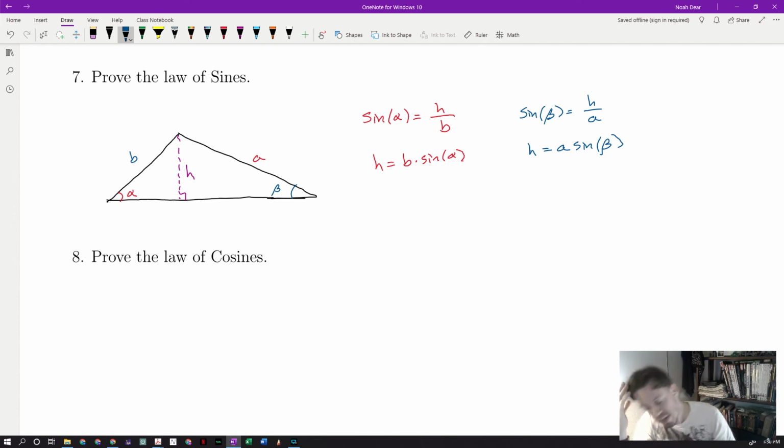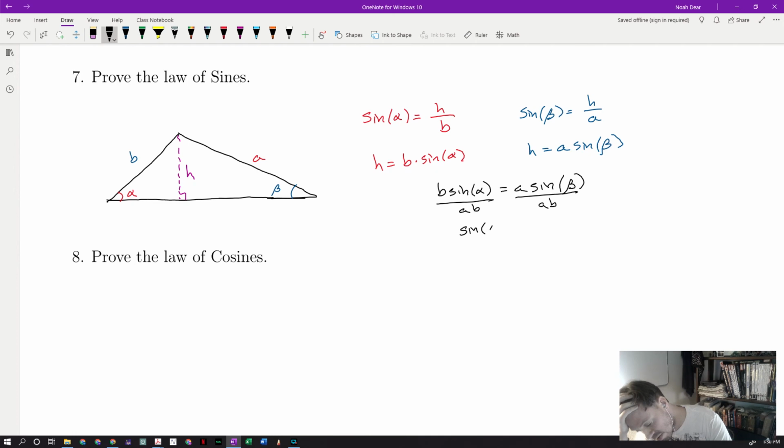So now I see H can be calculated in both of these ways. That allows me to put them together as B sine of alpha must equal A sine of beta. And then I can divide by A and B on both sides to get sine of alpha over A equals sine of beta over B.